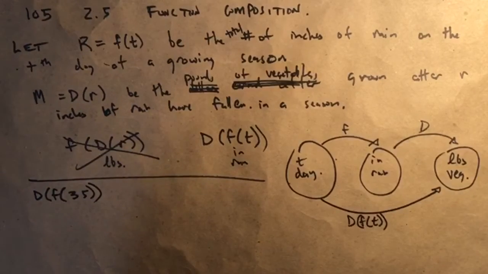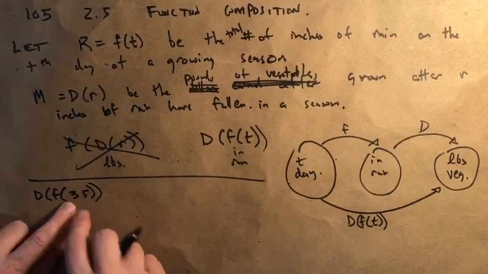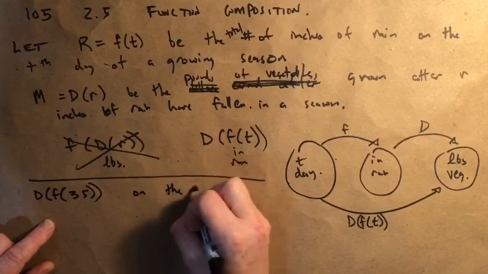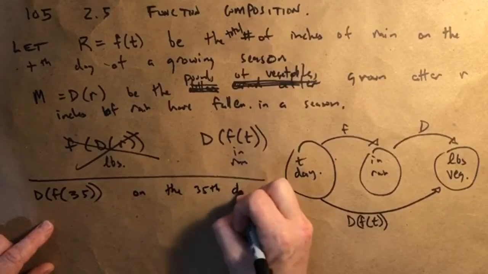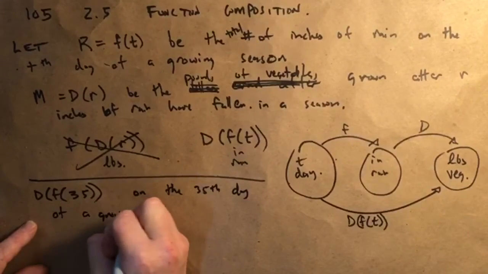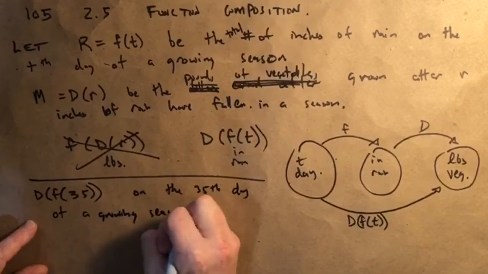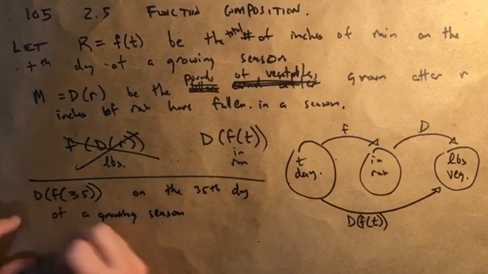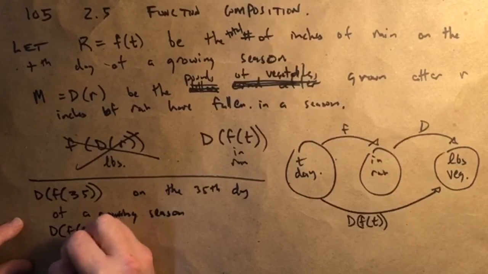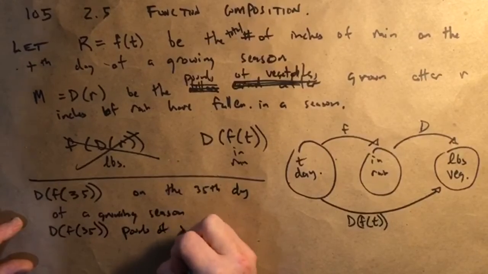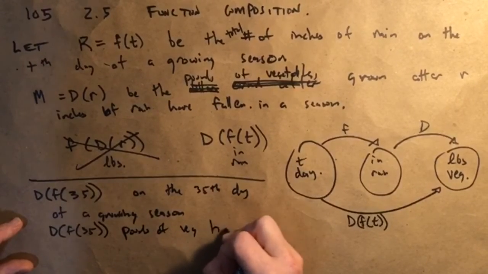We can say on the 35th day of a growing season, D of F of 35 pounds of vegetables have been grown.